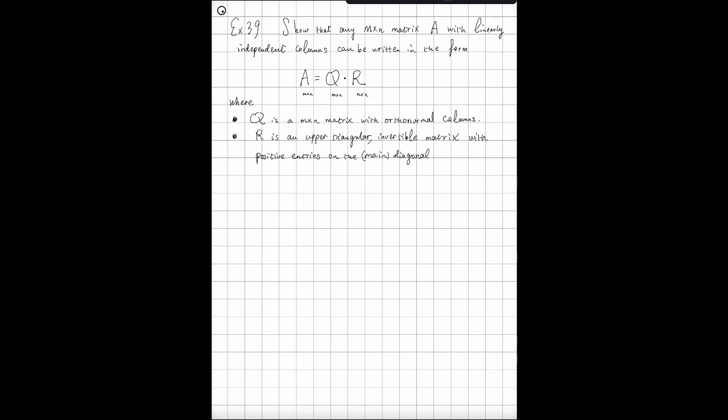Such factorization has a name, which is called QR factorization. So solution, this is a constructive proof. What we do is write A in the form of its columns, A1, A2, AN. This is n by n matrix, so each one is n by 1 column vector.